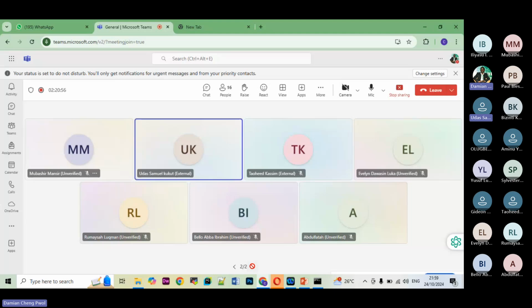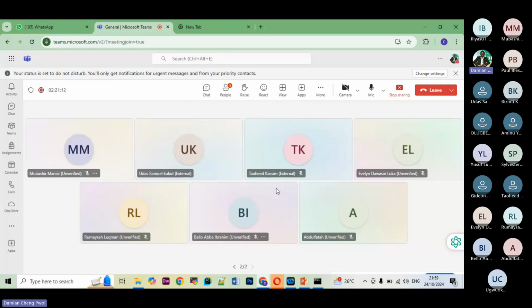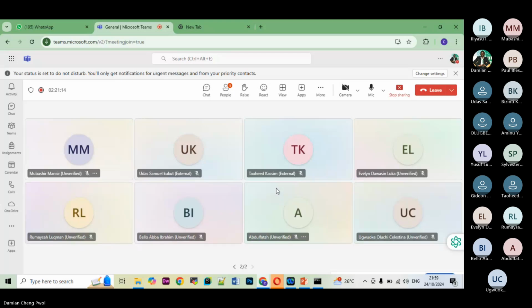You did. No question. This name is from where? It's from Basa local government. Basa. Okay, that's great. Okay, Gideon David just raised his hand. I'll come back to you. Kasim. Yes, sir. Thank you very much, sir. All right, that's good. Evelyn Dawson, Luca.